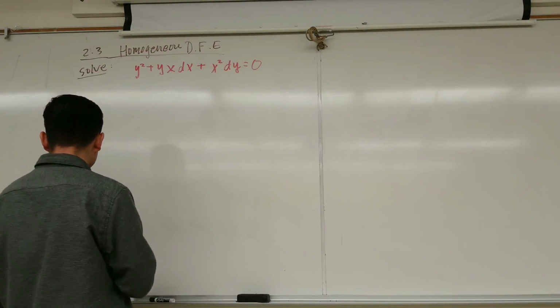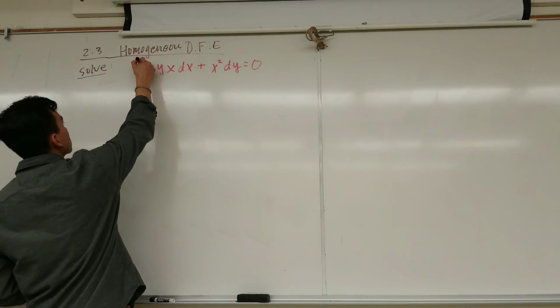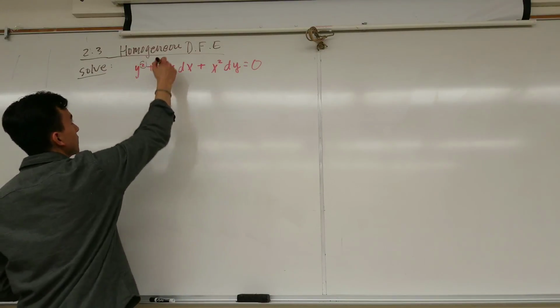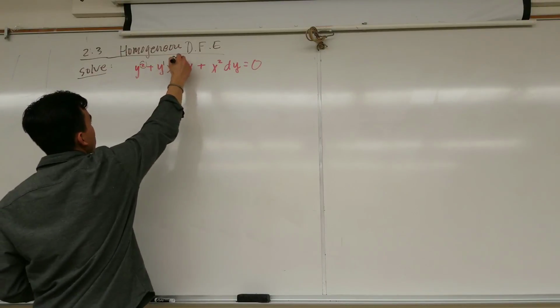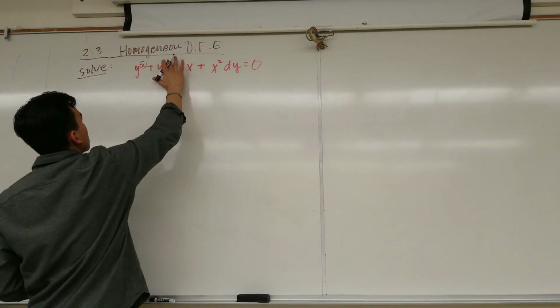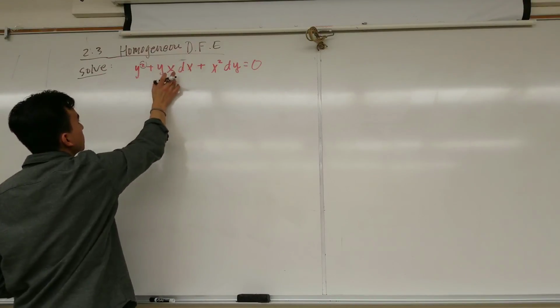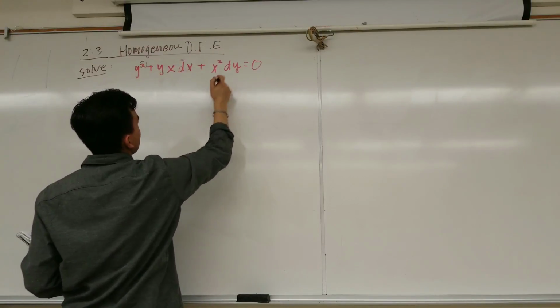Or we can notice that all the degrees are the same. So for instance, this degree is 2. This degree is 1 and 1. Well, if I add those, I get 2. So that's 2 for this term right here. This is 2.